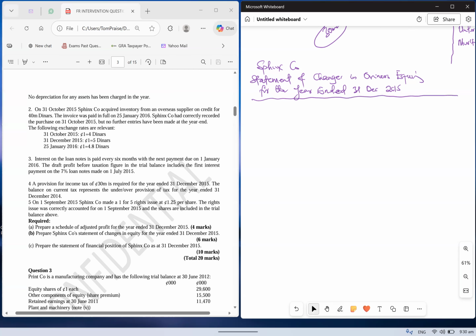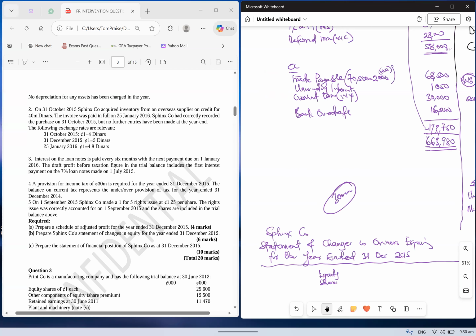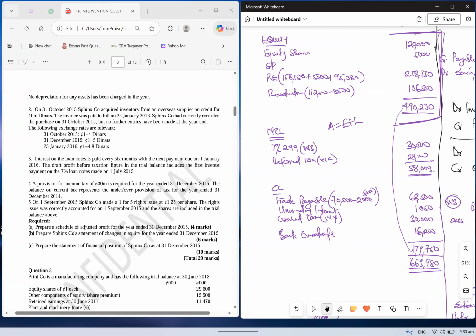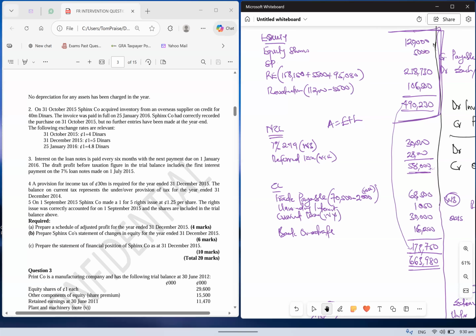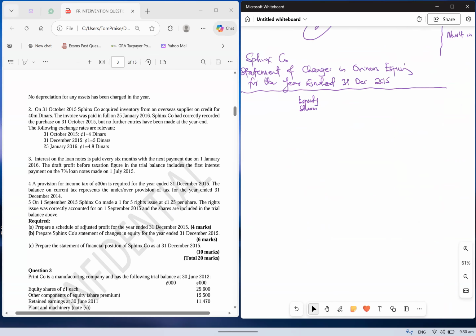And your headings are the things in your equity side. So you start with equity capital, so equity shares. From there, what did you have? You had share premium, retained earnings, and revaluation. Share premium.